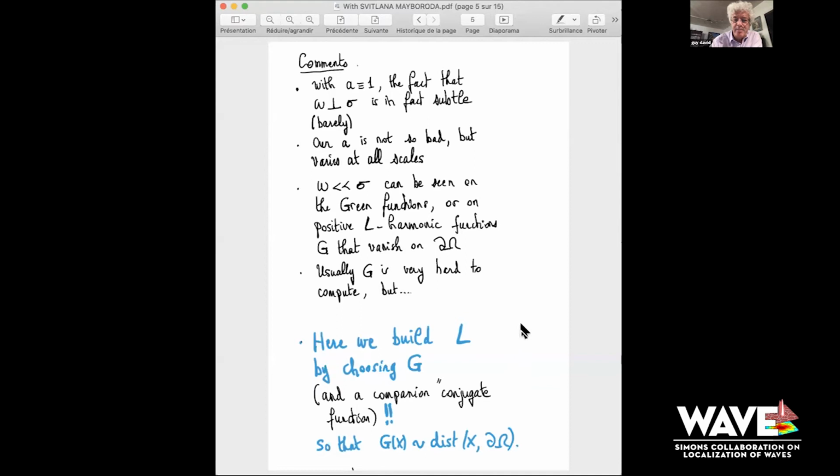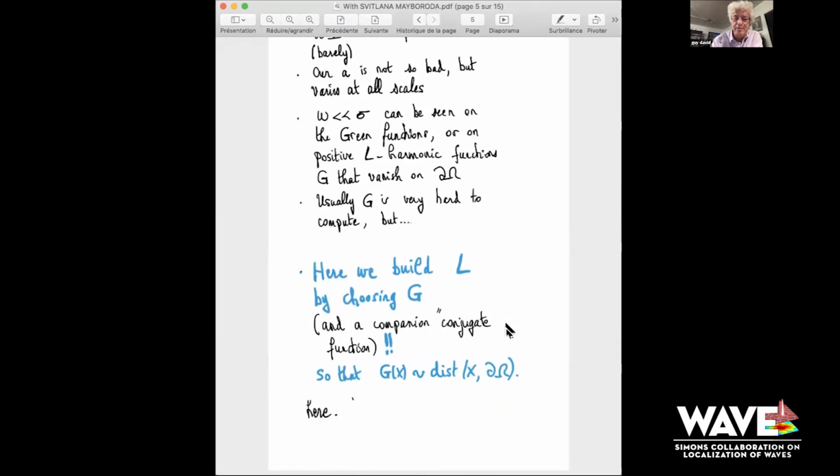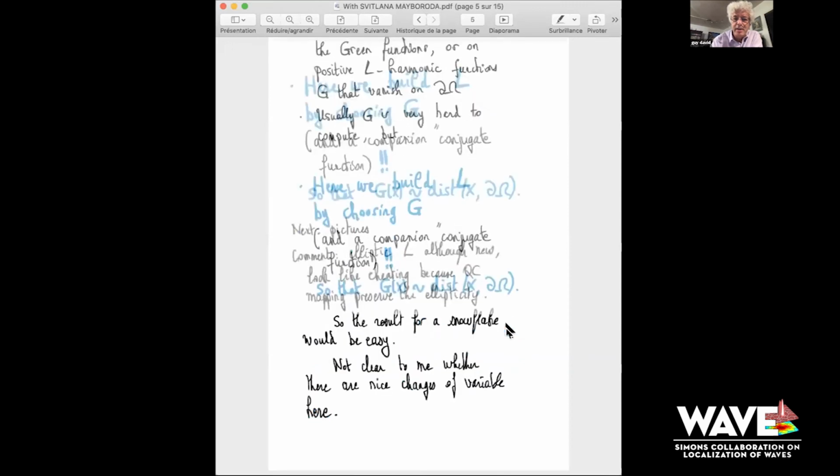Nonetheless, there is something funny about doing counterexamples: if you choose the Green function and manage to find an operator that corresponds to it, then you're happy, because if the Green function is equivalent to the distance to the set, then you will know easily that the harmonic measure is nice. In other words, here we have a bad set, and if we can find a distance function to the boundary such that it is L-harmonic for some right operator L, then we win. To me, it's a nice surprise because usually Green functions make me afraid.